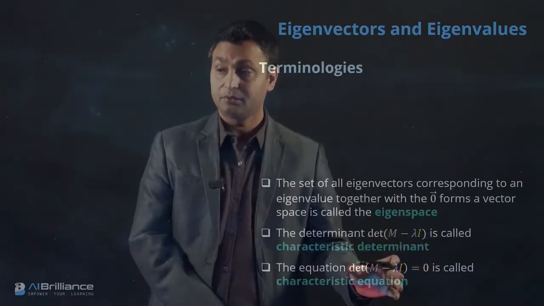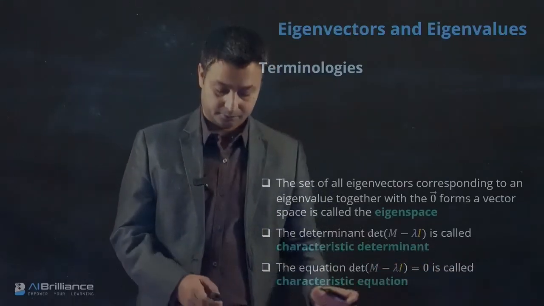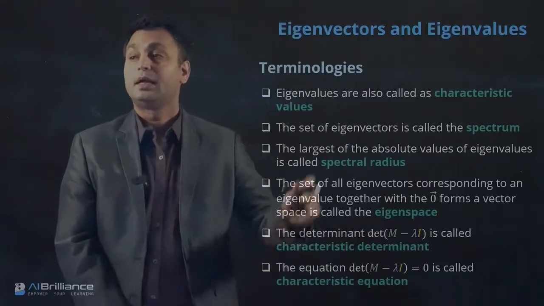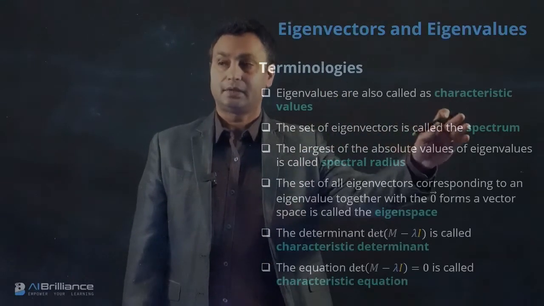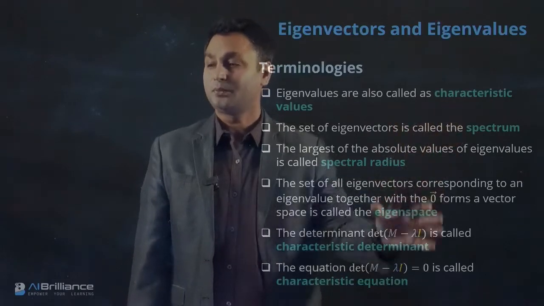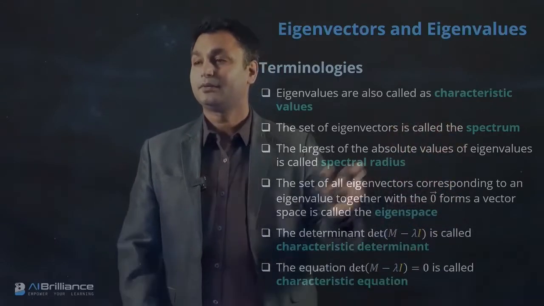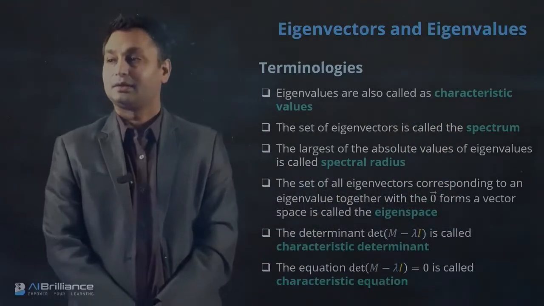And this equation, when we equate it to 0, is called the characteristic equation. Eigenvalues are also called characteristic values, because the output of solving the characteristic equation is the value of lambda.